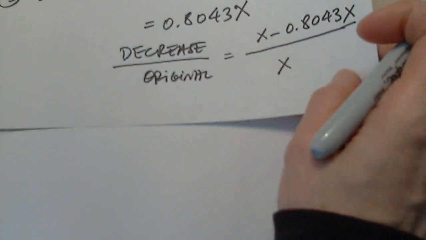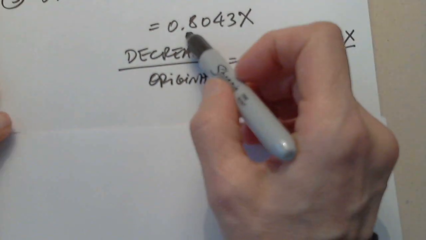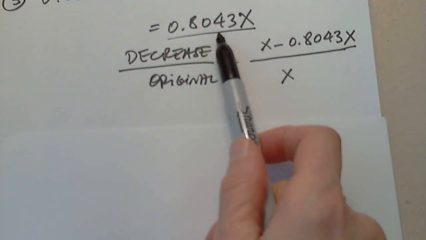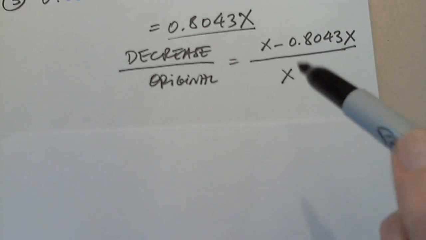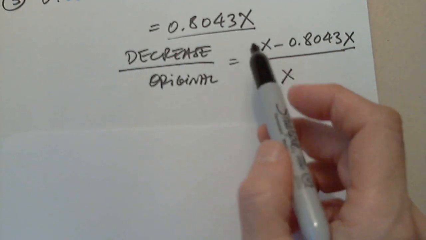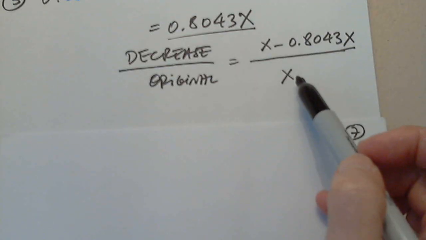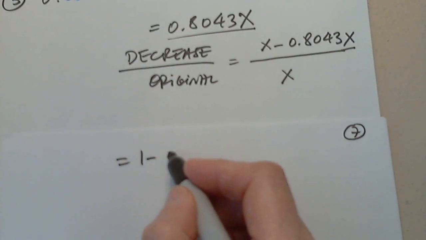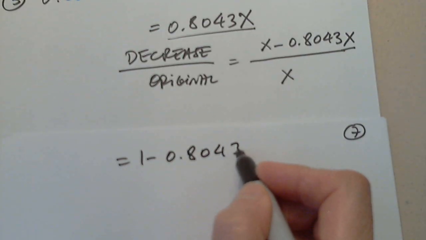We'll simplify it. So they don't want this, but they want the difference between the original minus what I got. So X minus this, which would be basically 1 minus 0.8043.